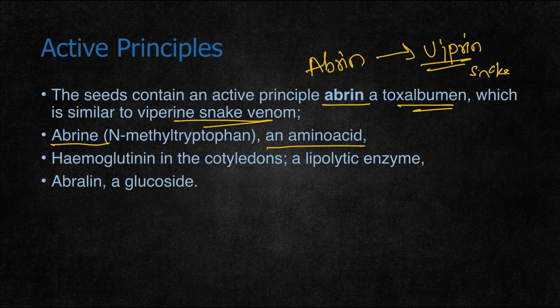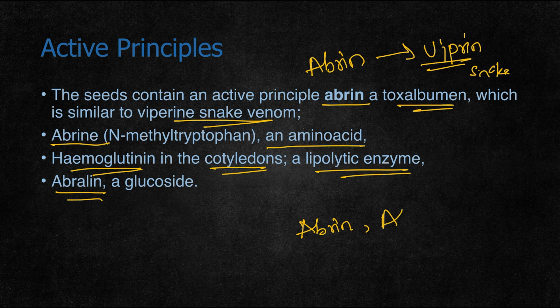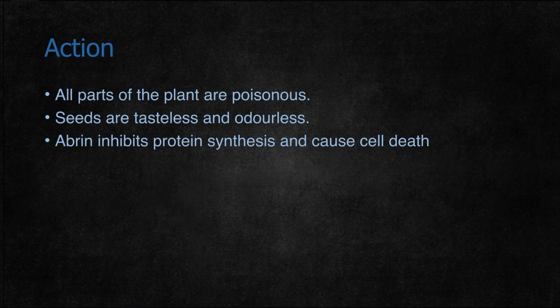Its cotyledons contain hemagglutinin, a lipolytic enzyme. It also contains abralin, which is a glycoside. So in total there are three active principles of Abrus: a glycoside, an amino acid, and a toxalbumin.